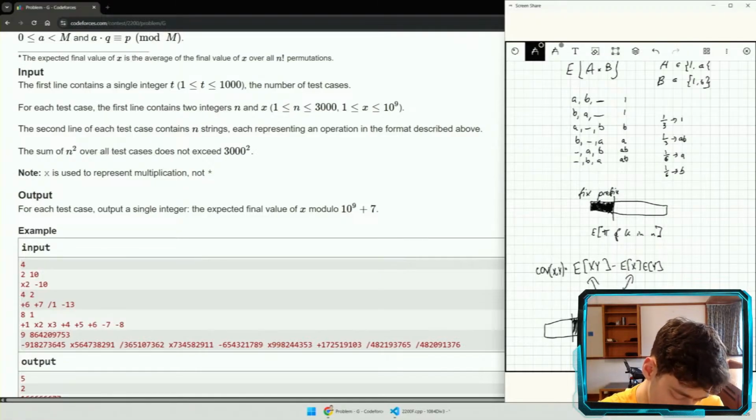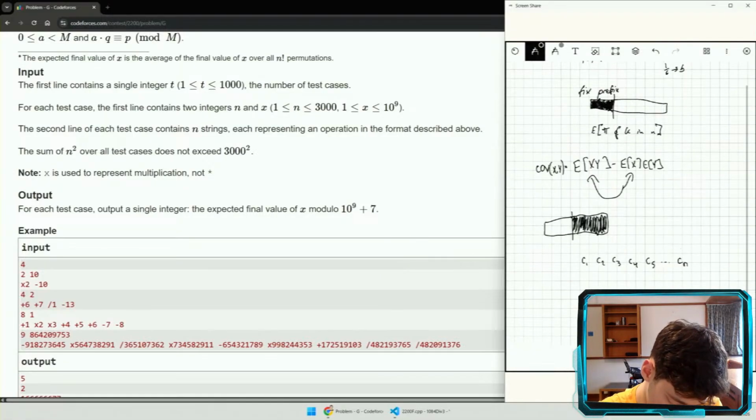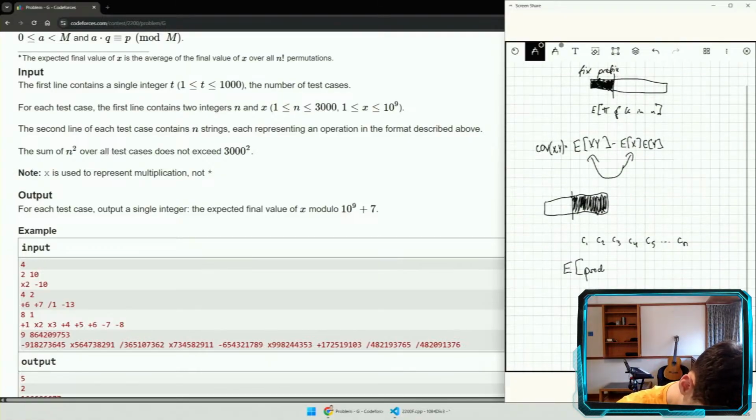Oh, wait, can I do DP on this? The expected product of some K of the first M is... Yeah, I think this is the way to go.